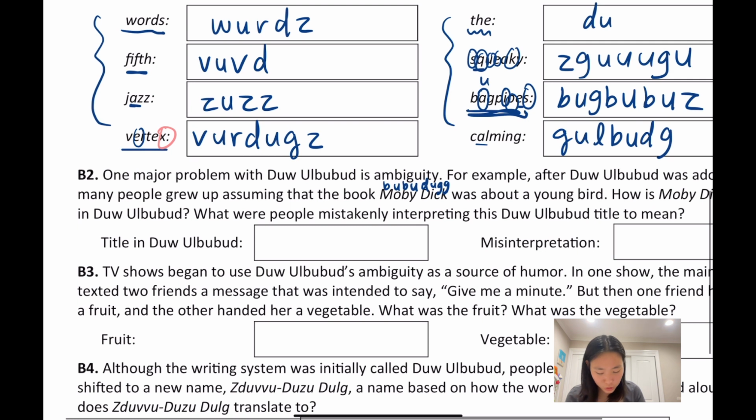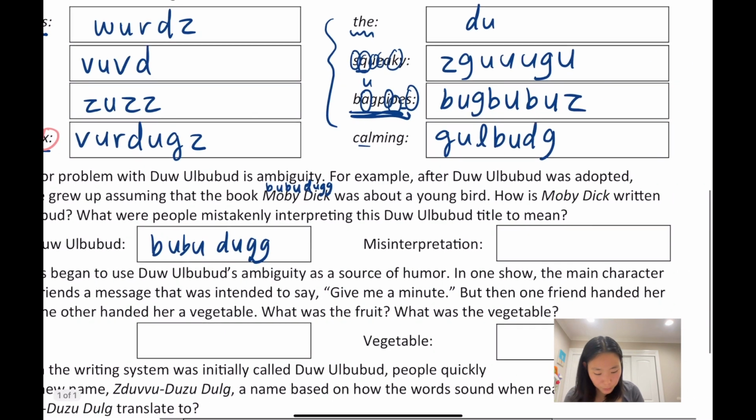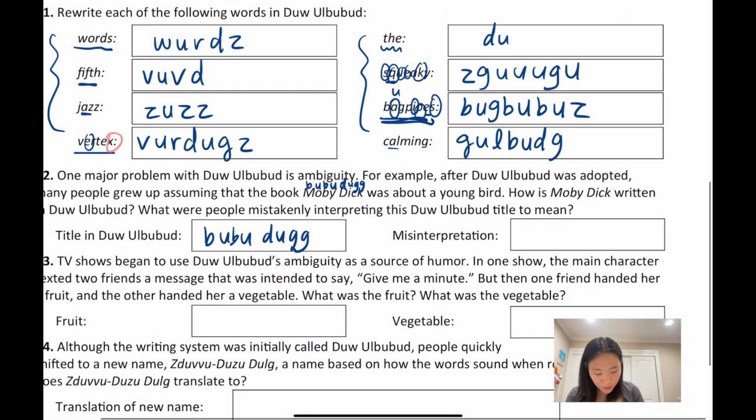So this would just be GG. So this new title would be "Boo Boo Doug." And what could that be interpreted as? Well, what is young and has the word "buh" something, buh, right? Like a baby. So we could say this was probably "baby."